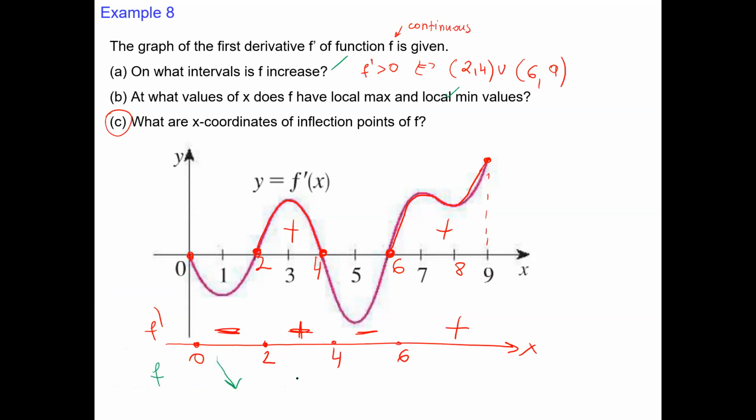The function is decreasing, increasing, decreasing, increasing. Local minimum value, local maximum value, local minimum value at 6. We can say the local minimum value is happening at 2 and at 6, and the local maximum value is happening at 4. Okay, that means I just repeat this.